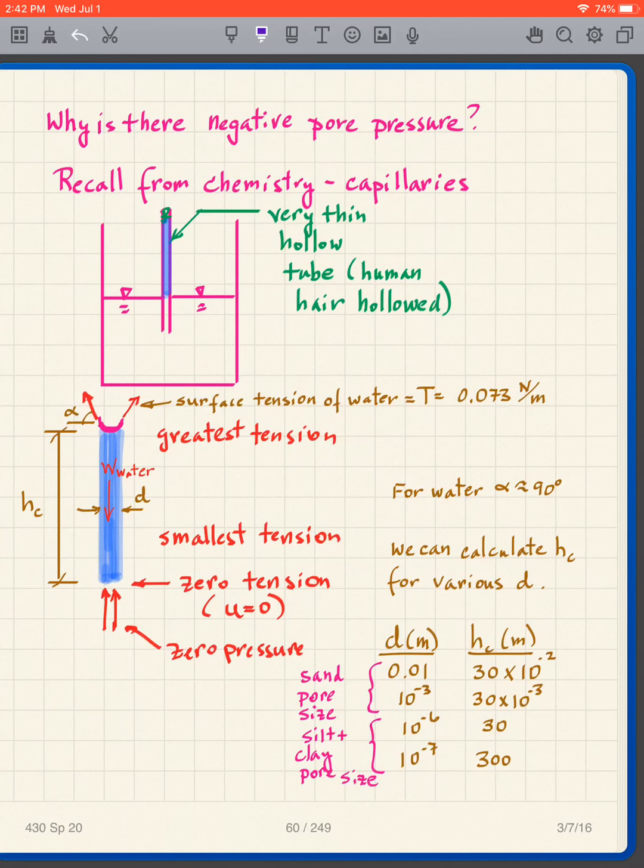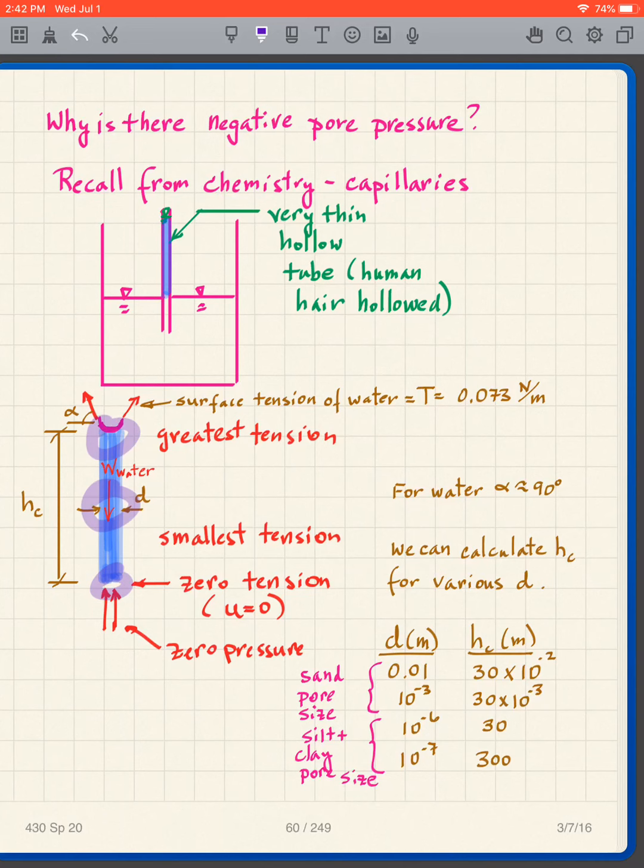And let me make one other point here, and that is that if I'm looking at the pore pressure up here, what do I know? It's tension. And it ends up that if you look at it, this entire water column is in tension because it's 0 down here, but it's tension there, and it's even more tension there.